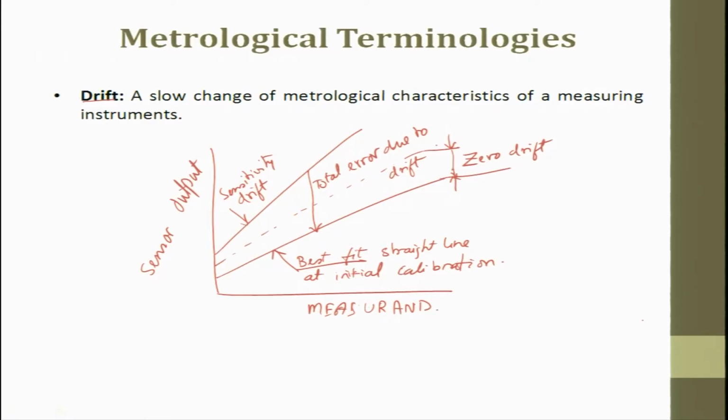As the measurement keeps going over a period of time, in the sensor output there is always a drift. This was the initial one, and this is the final one, and you see a drift in the center. So this is called the best fit straight line after zero drift, after making a correction.